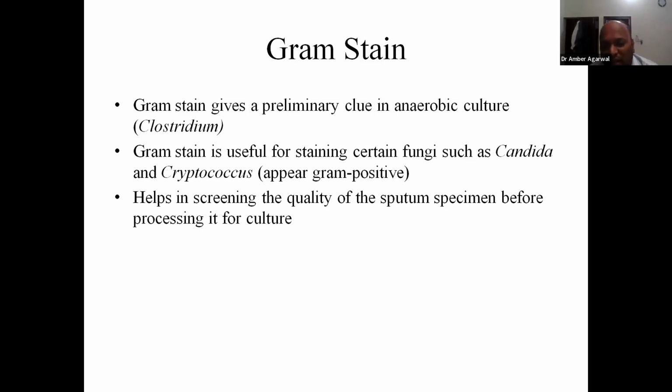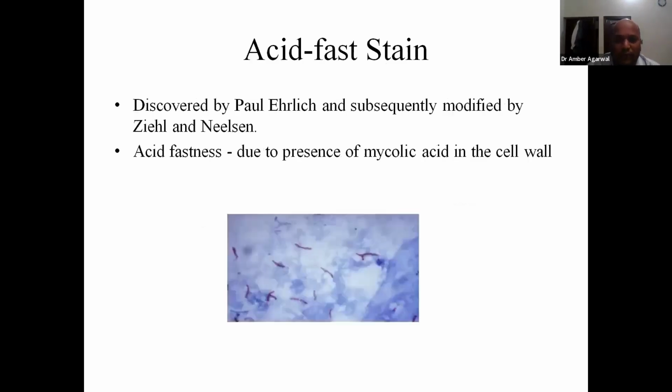That is, it should have more than 25 pus cells and less than 10 squamous epithelial cells, or more than 10 pus cells minimum, to say that, okay, look, this is a sputum which the person has produced and not saliva. So for that, it can also be used.